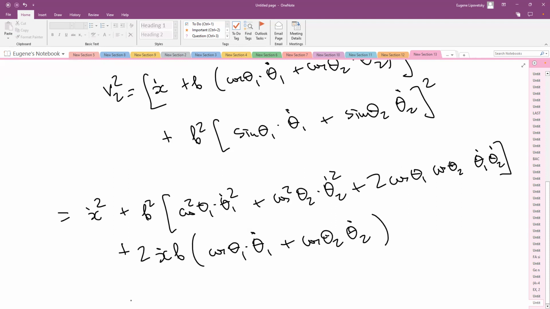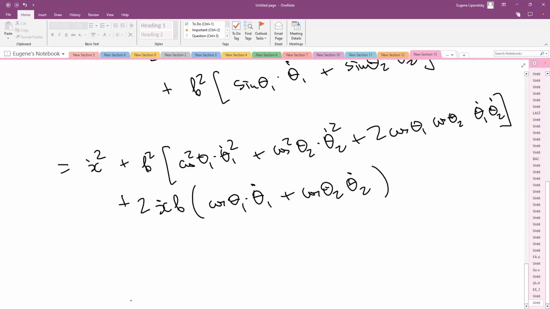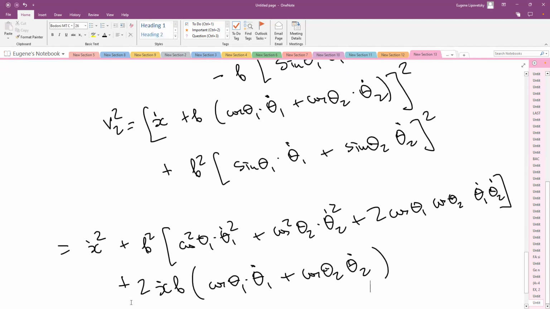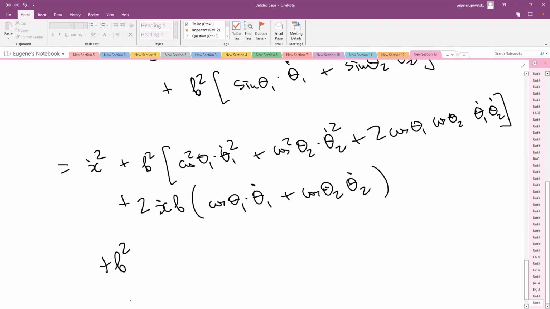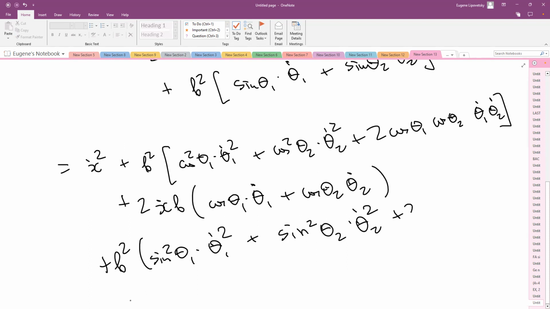That's the square of the i piece. Now the square of the j piece is going to be plus b squared, and inside you will have sine squared of theta 1 times theta 1 dot squared plus sine squared of theta 2 times theta 2 dot squared plus 2 sine of theta 1 sine of theta 2 times theta 1 dot, theta 2 dot.